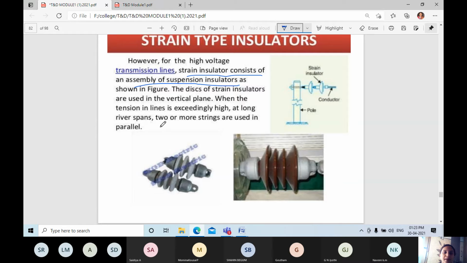At long river spans, 2 or more strings are used in parallel. It is used in rivers. Here this is a strain insulator, and here the conductor is connected. This is a pole or support.